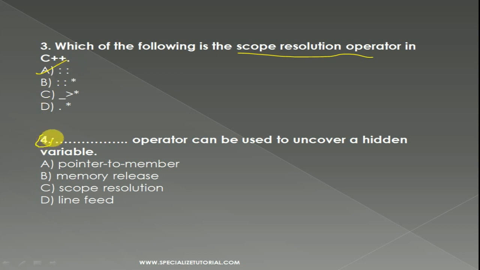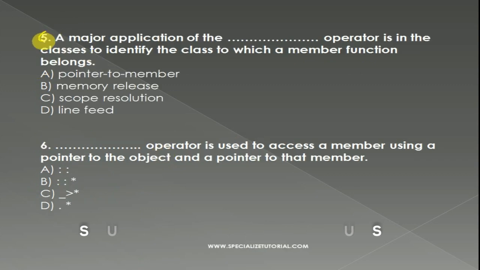Now question number 4: what operator can be used to uncover a hidden variable? As I just explained, the scope resolution operator can be used to uncover a hidden variable. So C is the right answer. Now question number 5: what operator is used in a class to identify the class to which a member function belongs?